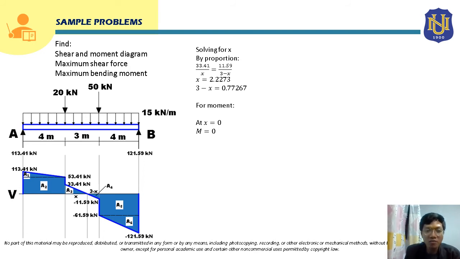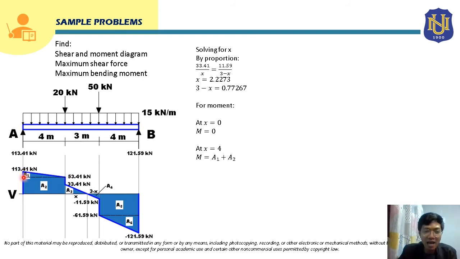Then after this, at this point, x equal to 4 meters, the area in the shear diagram will be the moment at this point. In this case, we have here area 1 and area 2. Using sign convention, these areas are above the x-axis, therefore this will be positive: area 1 plus area 2. Area 1 is a triangle.